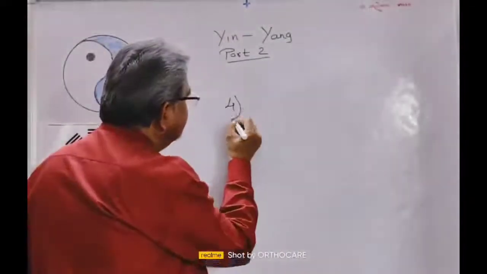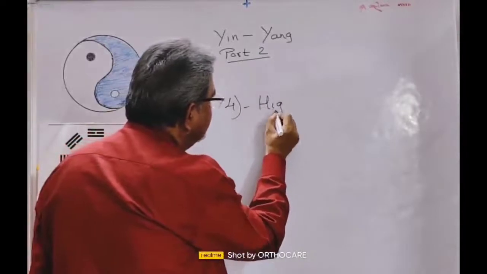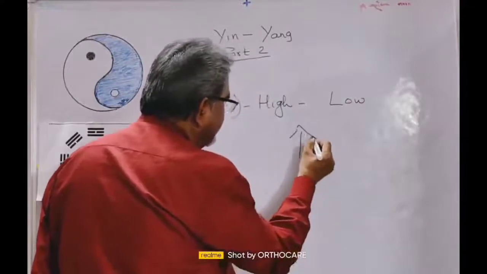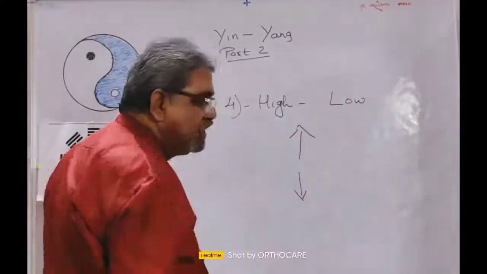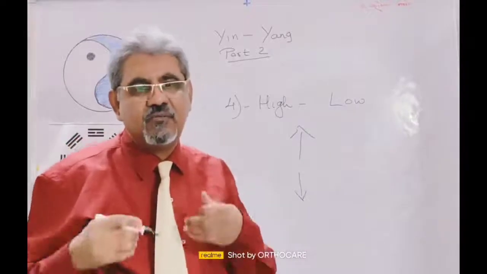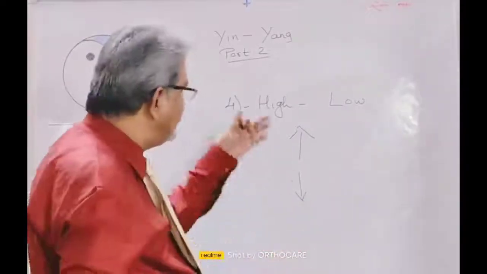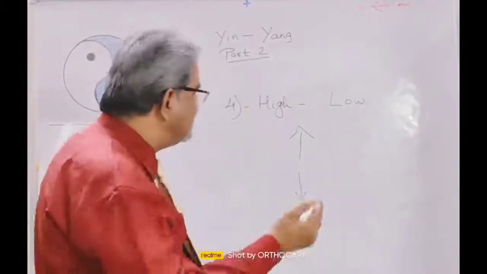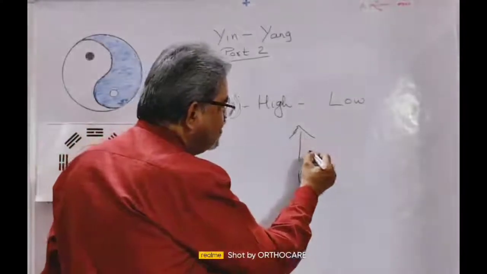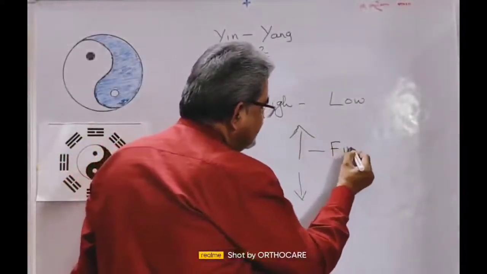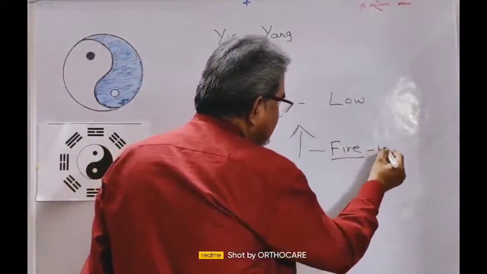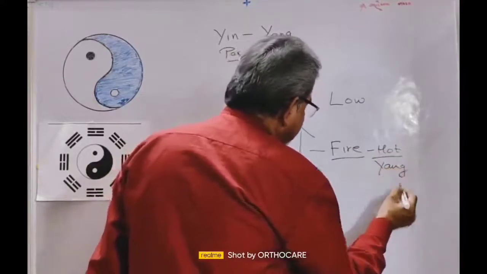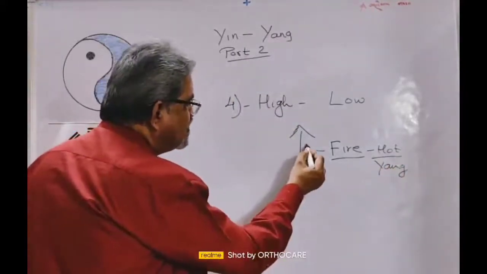The fourth is high and low. So high and low oppose each other. One is going upwards, one is going downwards. Like in the five elements, we will understand about this, but in short, fire is hot and is yang, so the fire goes up.